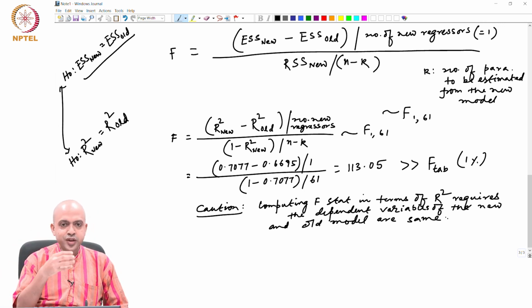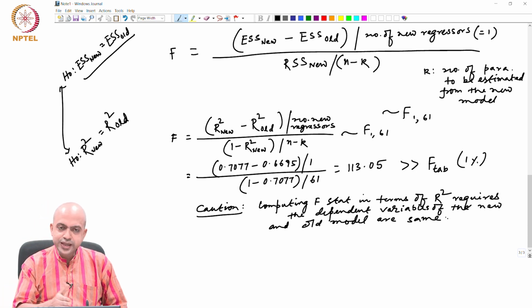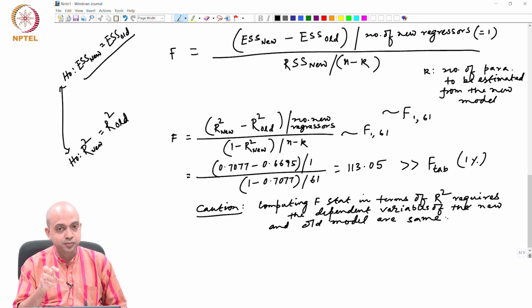If the dependent variable itself is different, we cannot compare two models in terms of their R square. So, whenever you are computing any statistic using R square, we must ensure that the dependent variables of two competing models are the same.